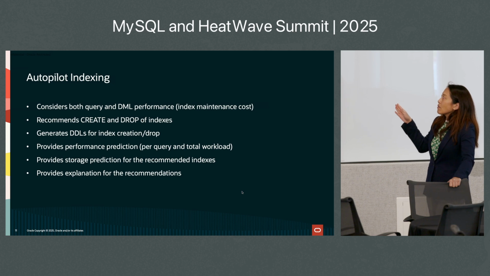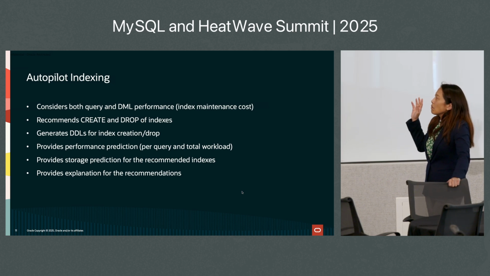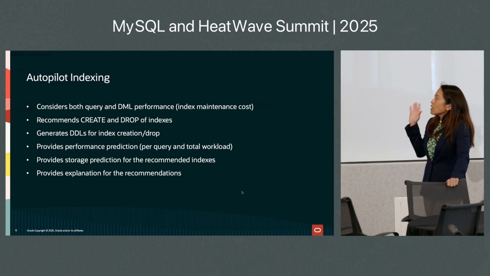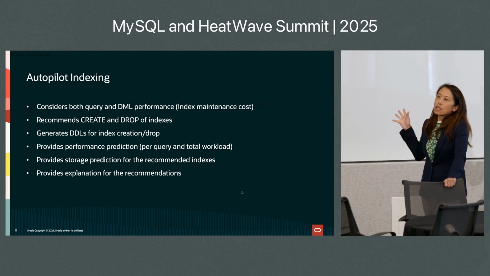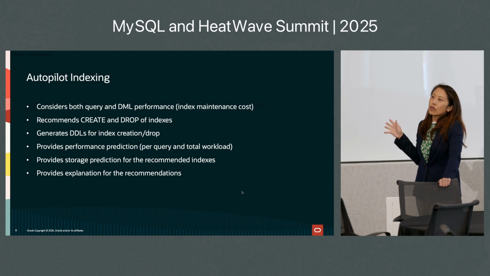Really, what we have done here is build a machine learning model, and we monitor the OLTP workload that is running on MySQL. If there's any secondary index that can help improve the performance, we use the machine learning model to predict those indexes. We also provide the expected performance improvement as well as the storage impact that you'll see if you apply those secondary indexes.